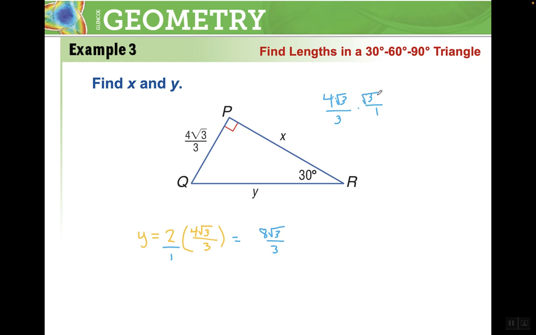Oh, sorry, I'm trying to go quickly because I recorded this whole thing and then there was no sound, so now I have to do it again. Anyway, we take the short side times the square root 3. So now I have 4 times the square root 3 times the square root 3, which is essentially 4 times 3, which is 12. And on the denominator, we have 3 times 1. And 12 divided by 3 is 4.